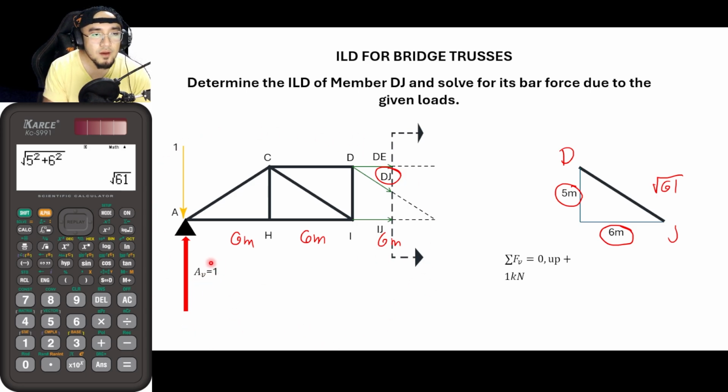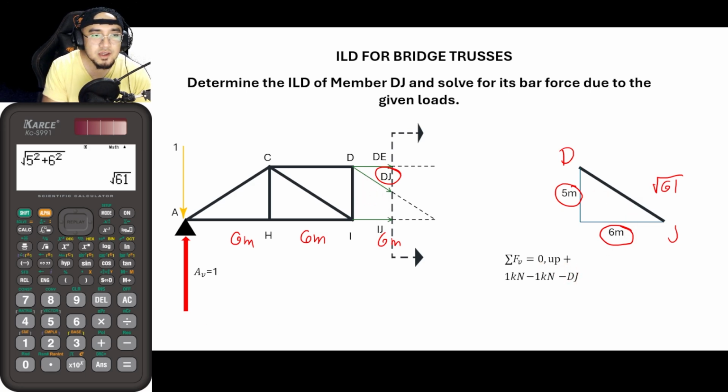So we have this force here, which is acting upward, so that is positive, minus the 1 kilonewton load acting downwards, so minus 1 kilonewton. What else? So we also have DJ. And I have assumed earlier that it is tension, and by tension, in this case, it is actually going downwards. So as per my assumption, this must be negative DJ.